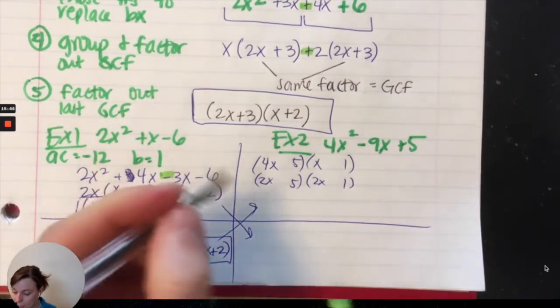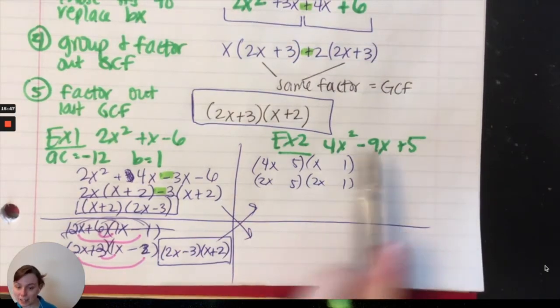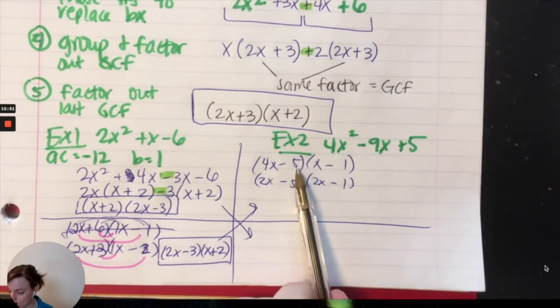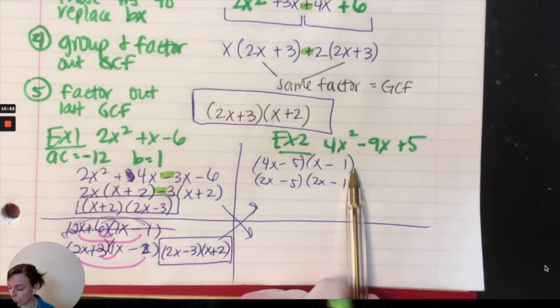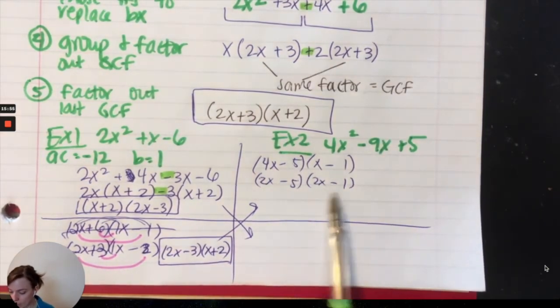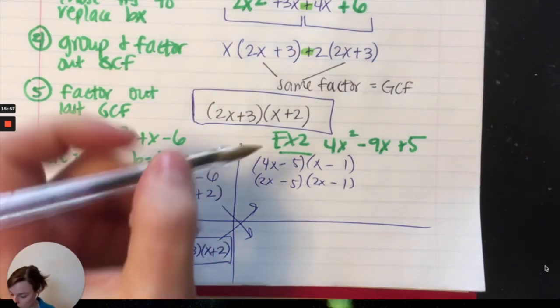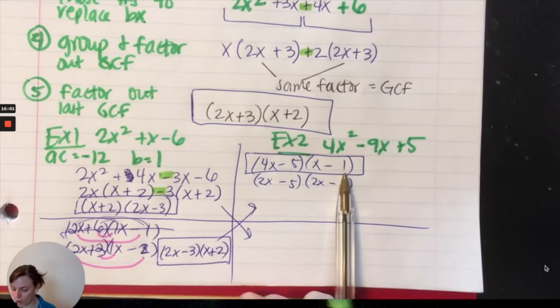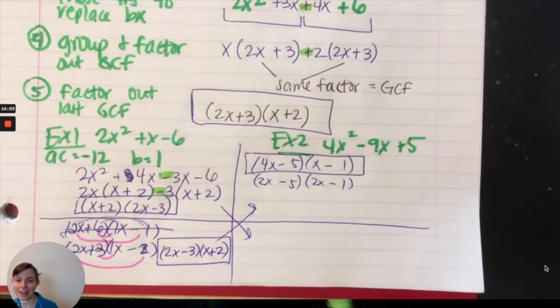So this is a positive 5, but because I need a negative 9, that tells me I need 2 negatives. So they're both subtraction. So this is negative 5, negative 4. Oh, that's nice. Okay, negative 10, negative 2. That's not going to work. But I already got it here anyway, because that's negative 5 and that's negative 4, and boom, I'm done. Yeah, so logic can be really quick, and it can also be really slow.